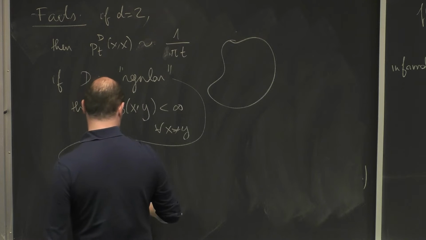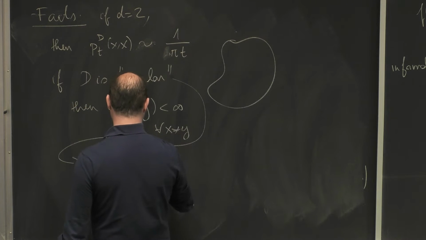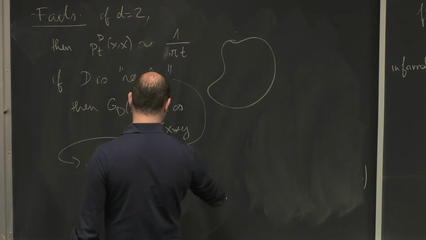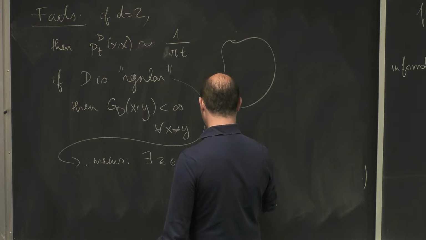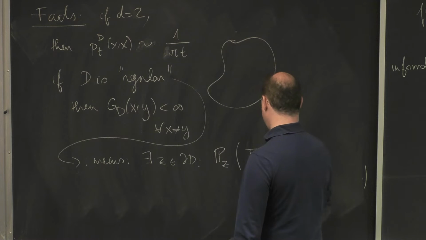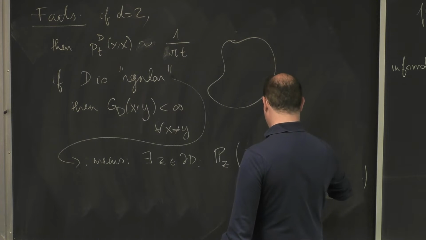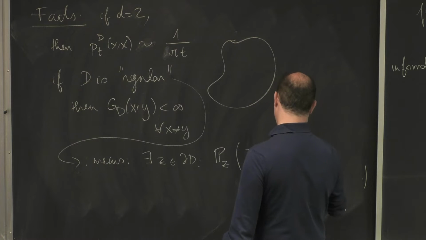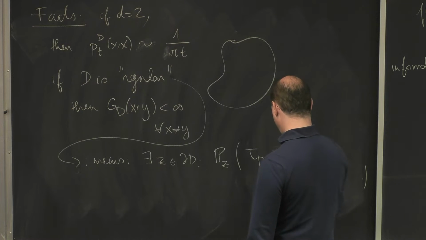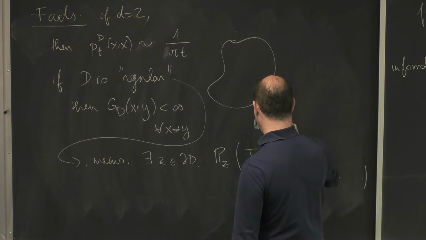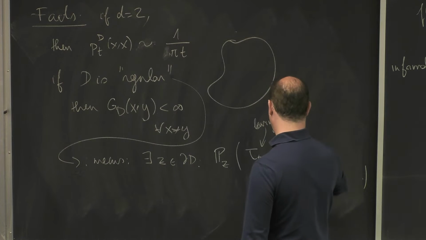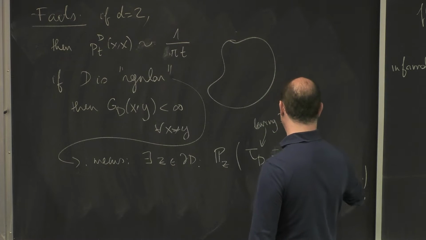It means there exists a point z on the boundary such that starting from z, the probability to leave D immediately is 1.